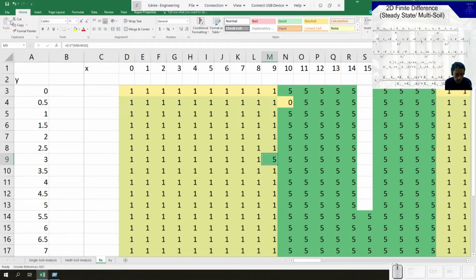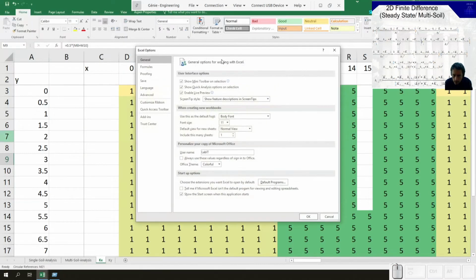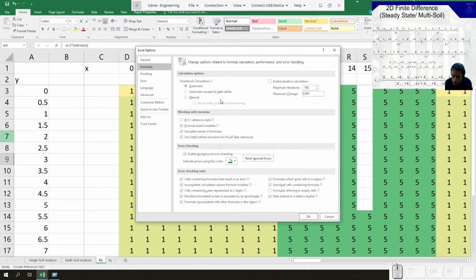Maybe because the numbers are not, we have to go to allow iterations. Options. Formulas. Enable iterative calculations.